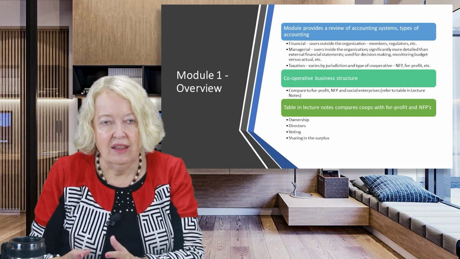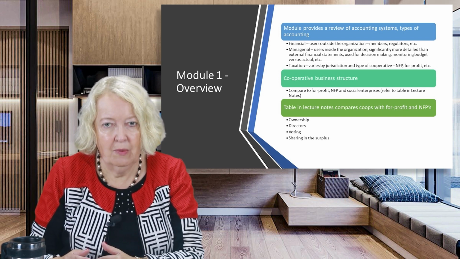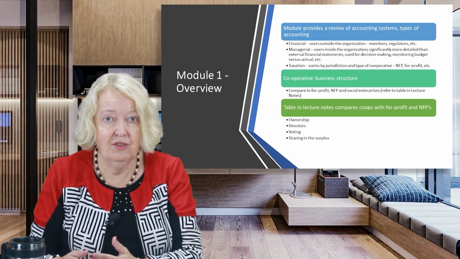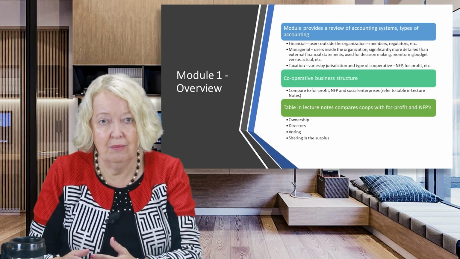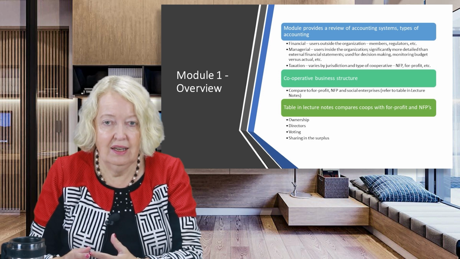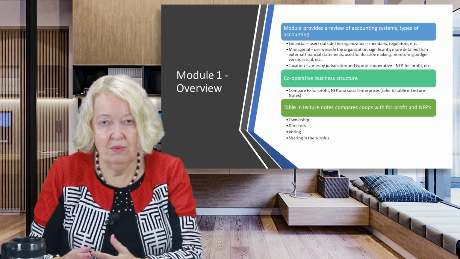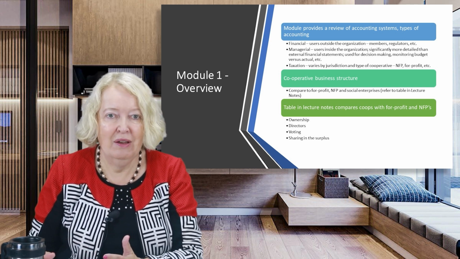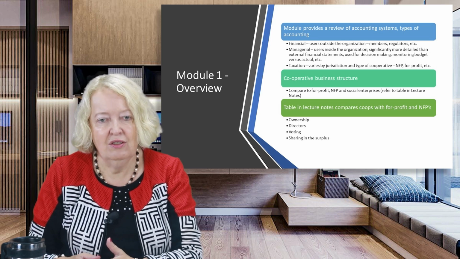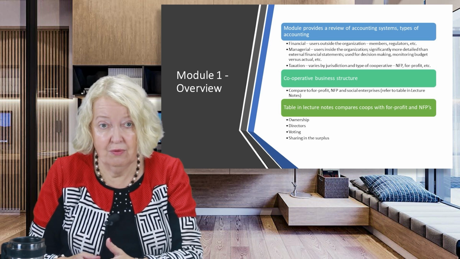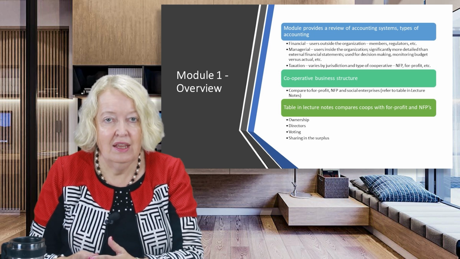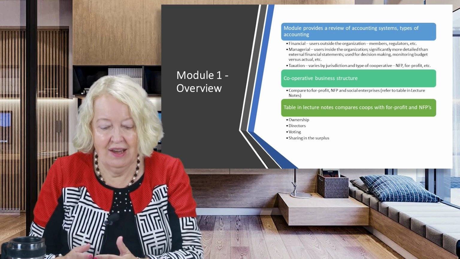Managerial accounting, these are reports that are prepared sometimes weekly, monthly, quarterly, however often the organization feels they need that information. But it's really to provide management with information on a timely basis. So you don't want to wait until the end of the year to find out you're way over budget. If you monitor the organization's performance monthly at a minimum, then you're in a better position to take corrective action.